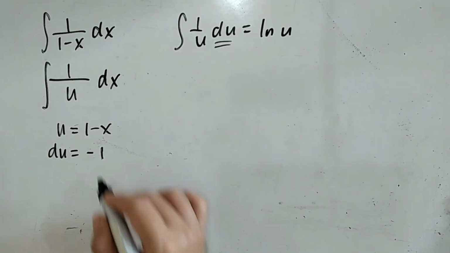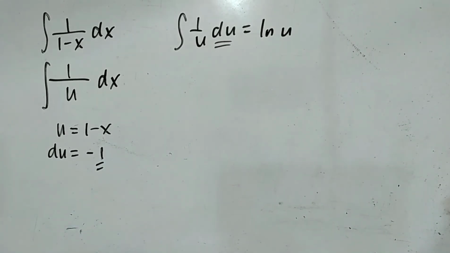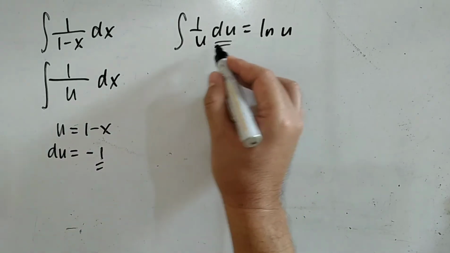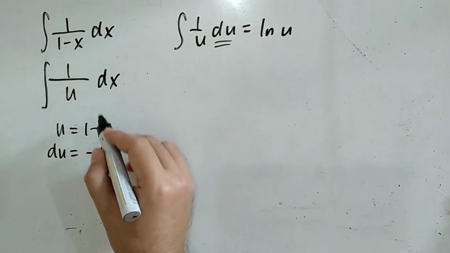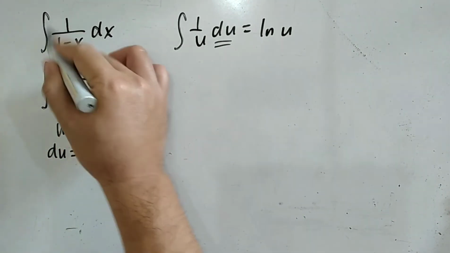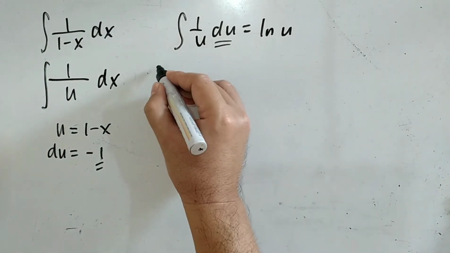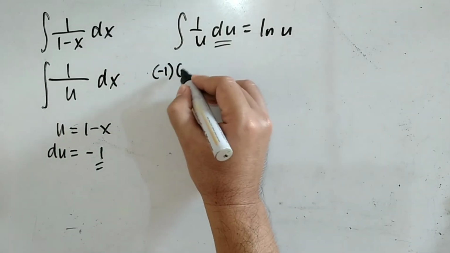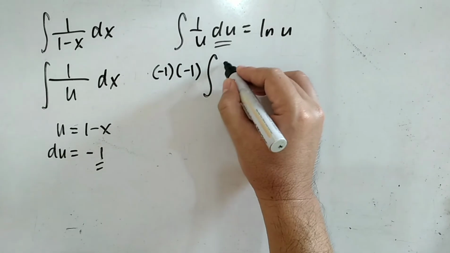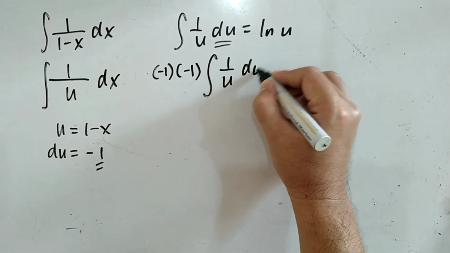In this case, our du is equal to negative 1, so in order to be able to integrate this, we need a negative 1 in our integrand. So we multiply negative 1 times negative 1 integral of 1 over u du.